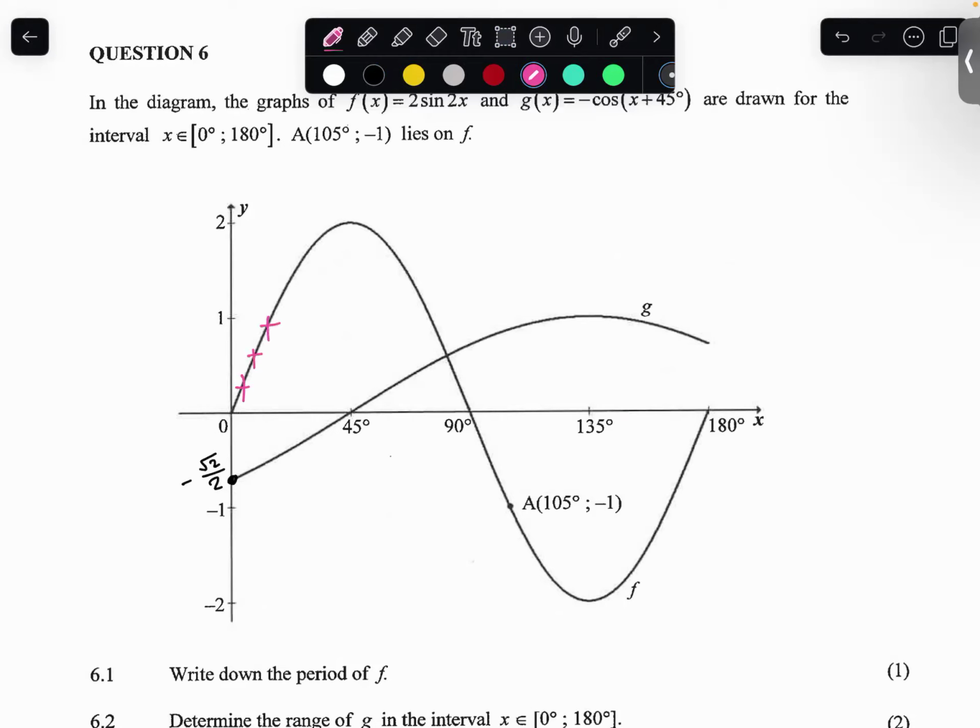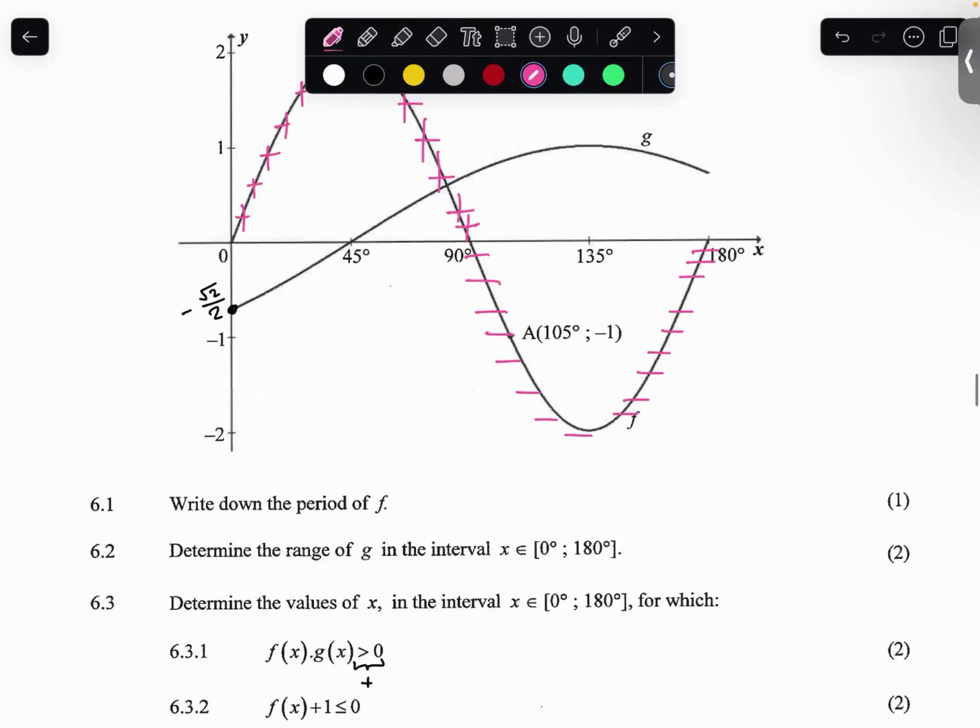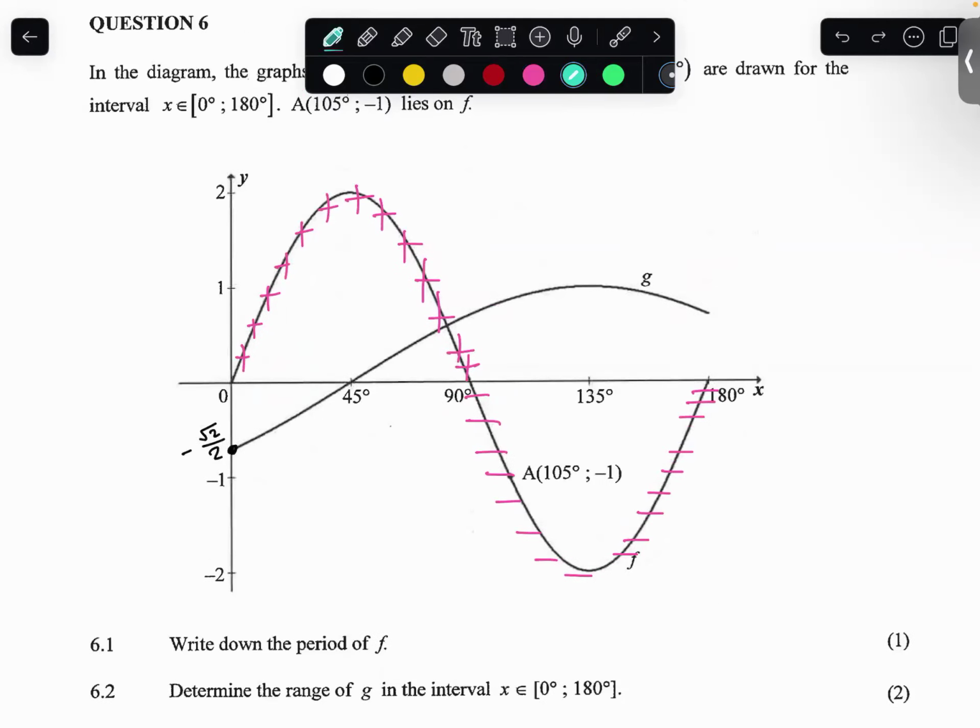So if I'm looking at f of x, this is where it's positive, where it lies above the x-axis, and then it changes to negative wherever it lies below the x-axis. So whenever you have this question of two things being multiplied, you have to label it, right? This is negative here where it's below, and that's positive where it's above.